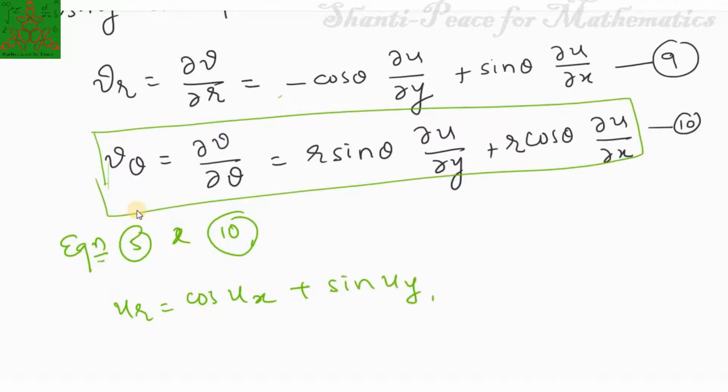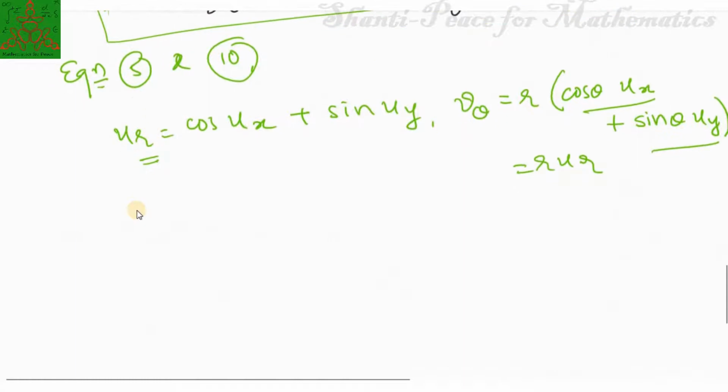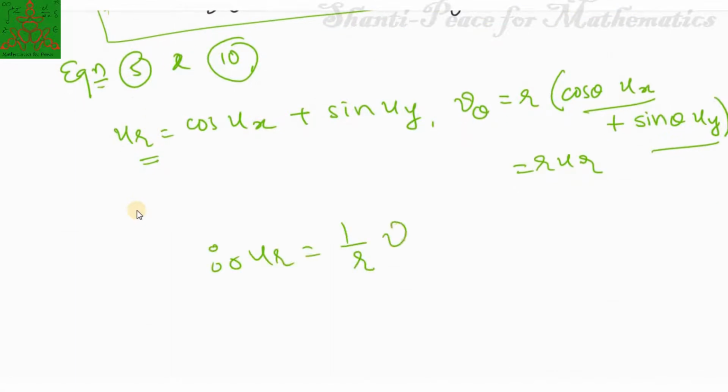And in equation 10, we have V theta, and if I take r common, it is r times cos theta Ux plus sin theta Uy. This quantity is nothing but Ur, so it is r Ur. So finally what you will have is Ur equal to 1 upon r V theta.